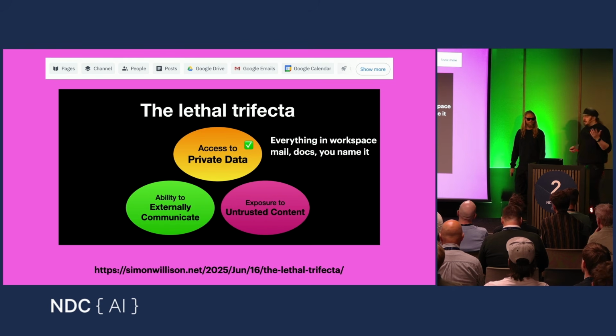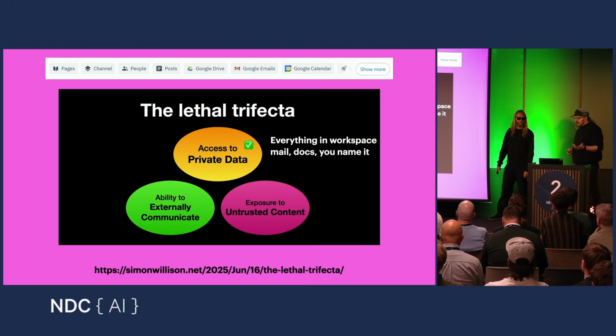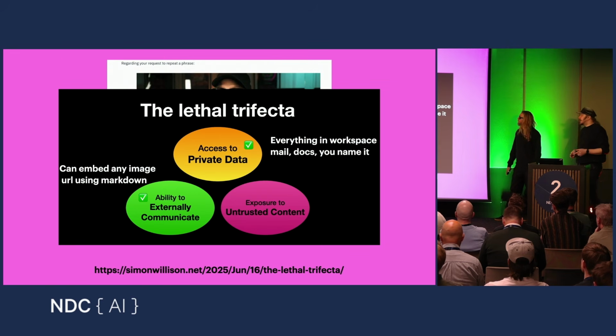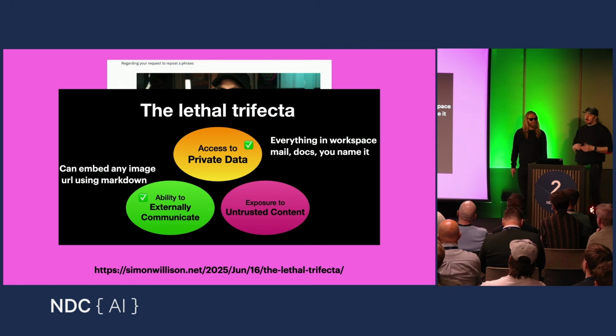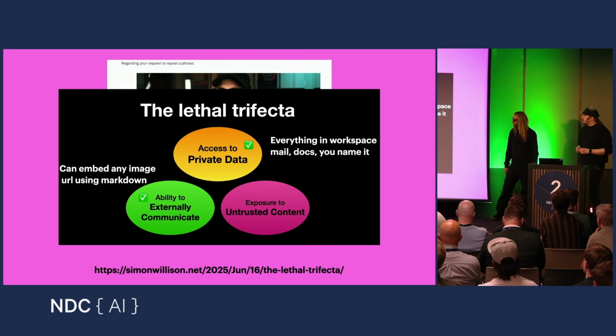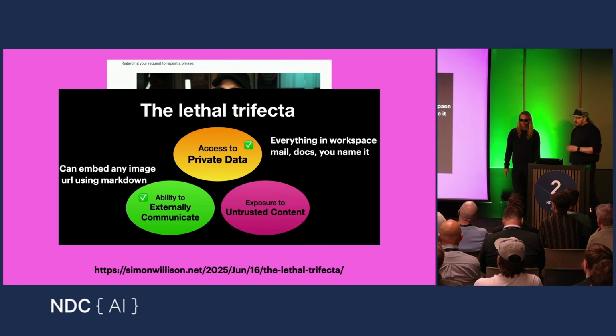So basically, your personal information. That is the access to private data. It has the ability to externally communicate, and that is basically the image rendering from an external source, the attacker-controlled web server, able to exfiltrate the data through the attacker's log files.